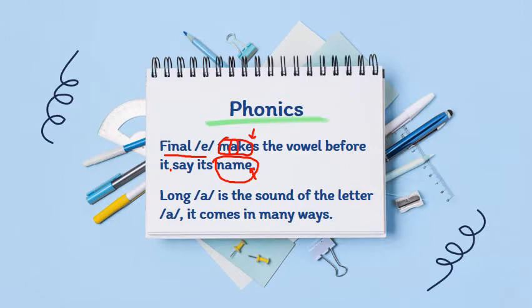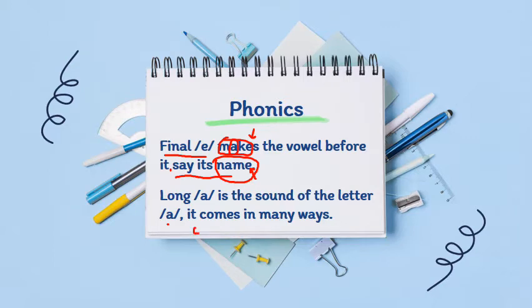This is the vowel before it, right? I'm saying make. Did I say mag? No, I said make. I said the name of the vowel. That's what we mean by says its name. In the long A, it's the sound of the letter A. It comes in many ways.